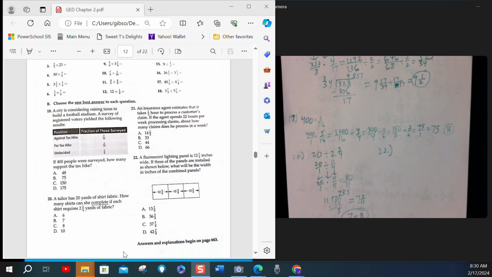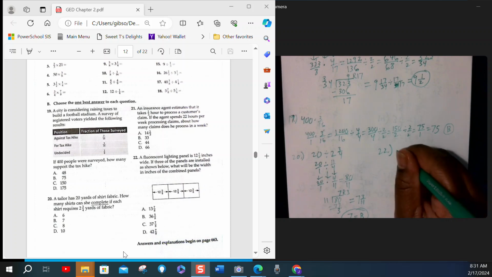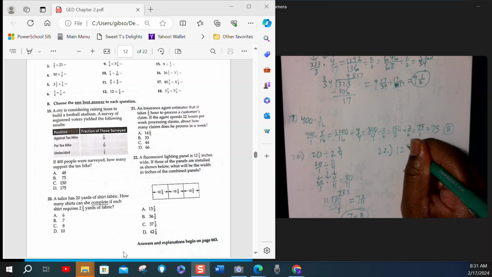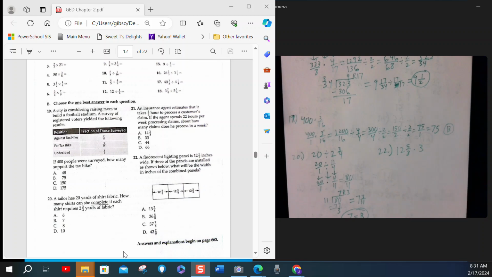It says the fluorescent lighting panel is 12 and 5/8 inches wide. If three of the panels are installed as shown below, what will be the width in inches of the combined panels? Now, since they gave us all three figures, we could just add them all together. But since we know multiplication is just repeated addition, we could just take this 12 and 5/8 and multiply it by 3.